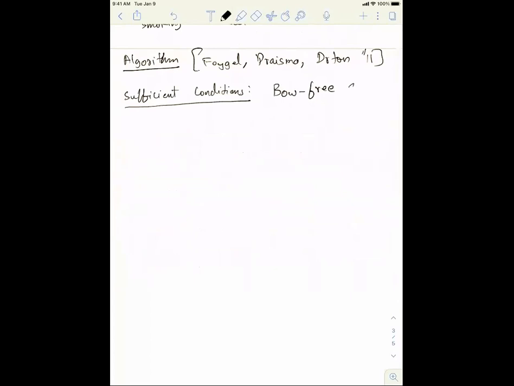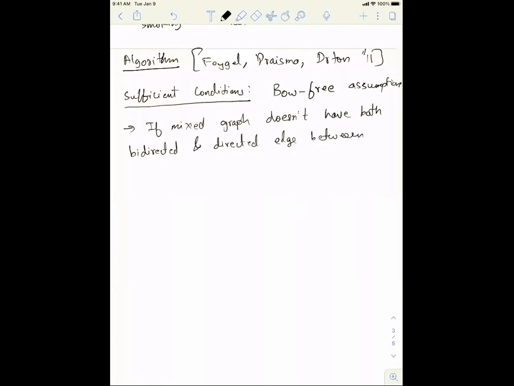It just says that if the mixed graph doesn't have both a bidirected and a directed edge between a pair of vertices, then it's uniquely identifiable.